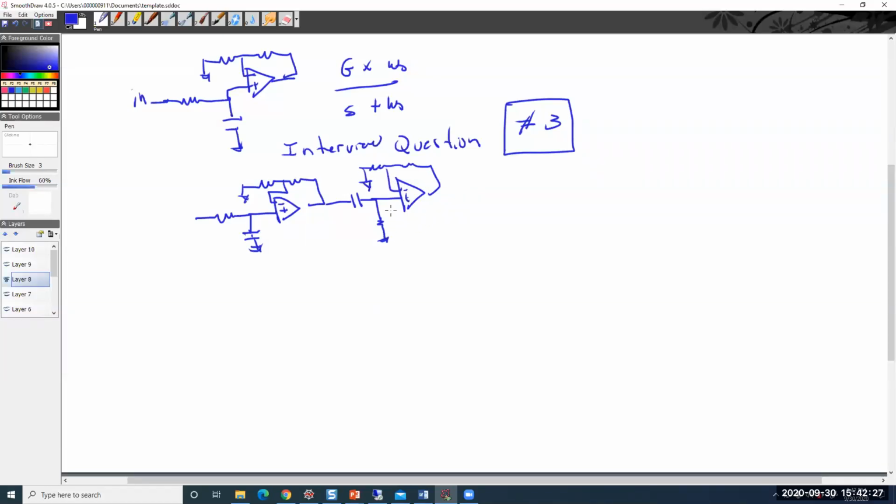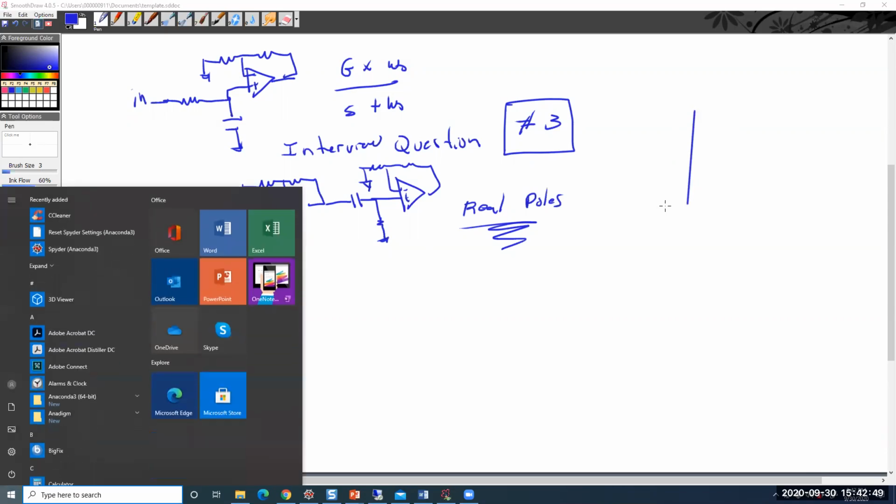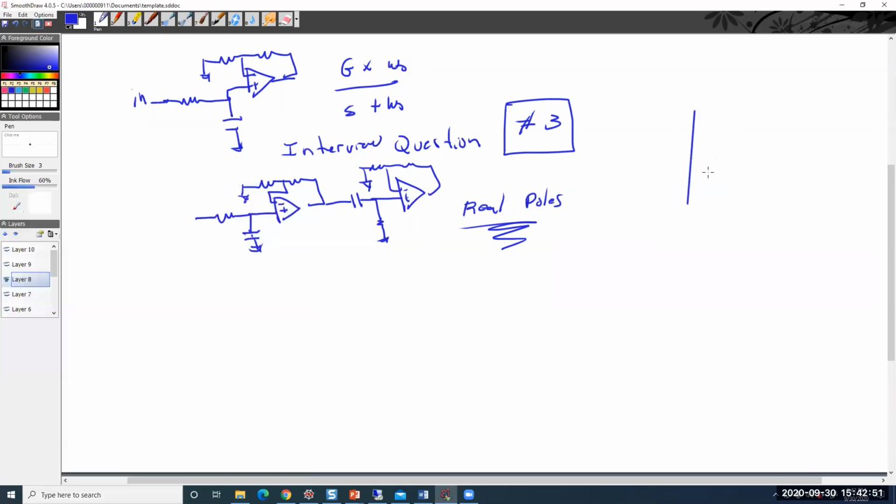Right? And so now I have a second order filter. And if the RCs are the same and different, it's great. The thing is, though, all these poles are real. What does that mean? Well, I'll tell you.